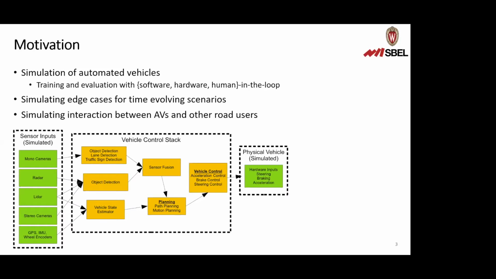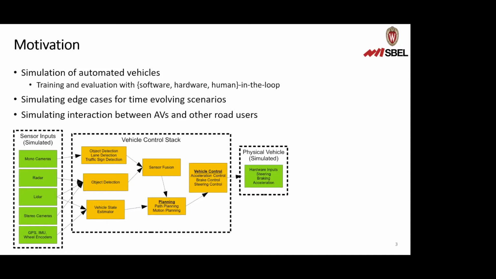The reason to do this is to be able to simulate edge cases that we might not want to run on a physical vehicle. And one of the things that we've been including in this is the ability to include in simulation interaction between autonomous vehicles, so two autonomous vehicles or an autonomous vehicle and a conventional vehicle or human-driven vehicle.